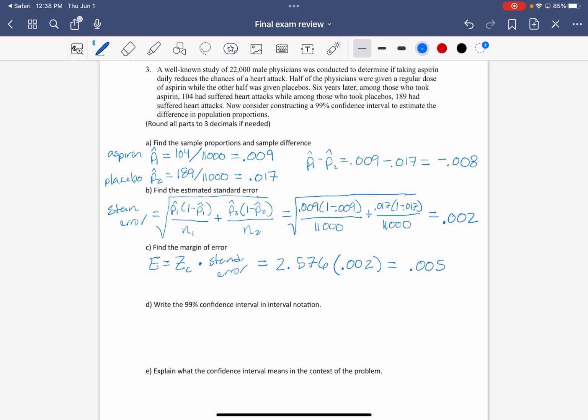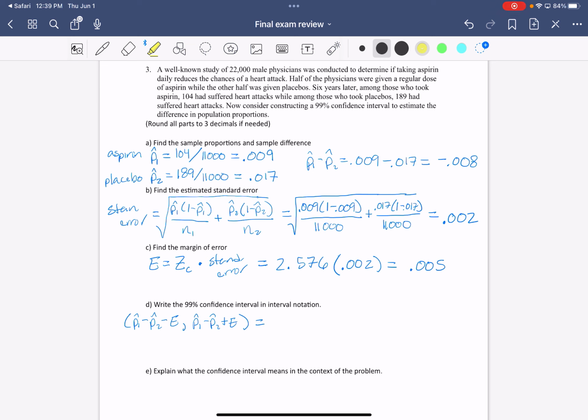Okay, part D. Write the 99% confidence interval in interval notation, which is also given to you on the formula sheet in case you blank on it. Recall that it is P1 hat minus P2 hat minus E, comma, P1 hat minus P2 hat plus E. And then it's a matter of substituting in.